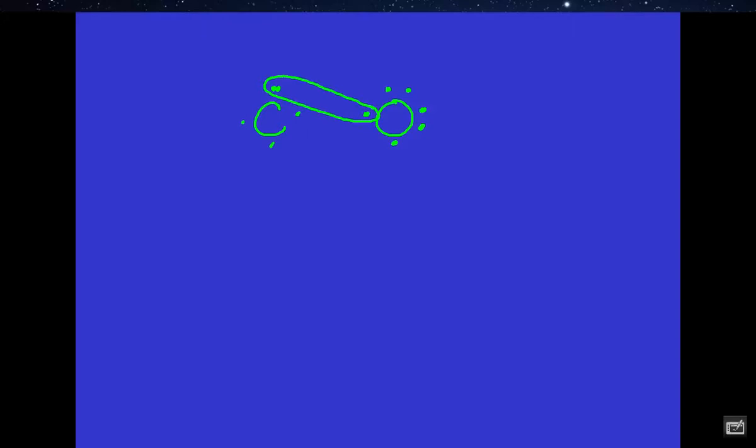In addition, I also have this second unpaired electron, so that also can get shared with the carbon to make 8. Now if I count for the carbon, I have 1, 2, 3, 4, 5, 6.